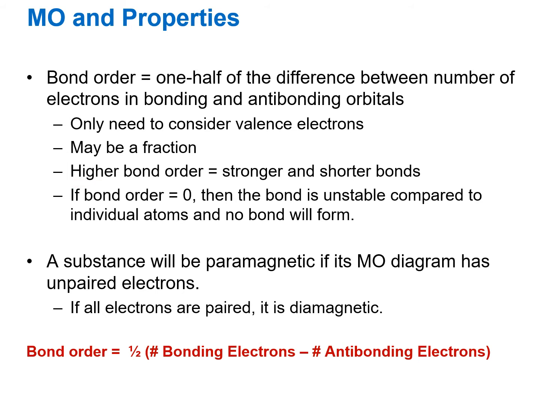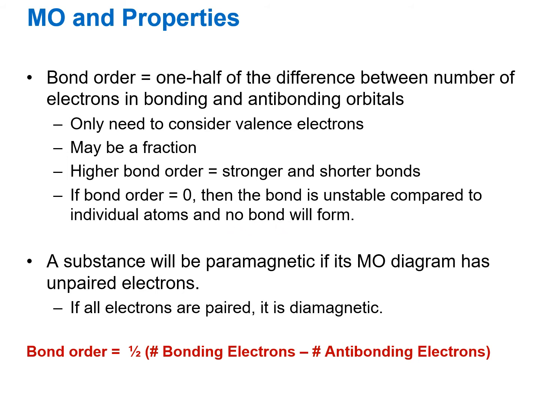The higher the bond order number, the stronger the bond between the two atoms, and the shorter the bond between two atoms. And if a bond order is equal to 0, or if it's even less than 0, which I don't think can happen, can it happen? I think it can happen. It seems like I've done a calculation where that's the case. Anyway, if it's equal to 0, then the bond is unstable and no bond will form.